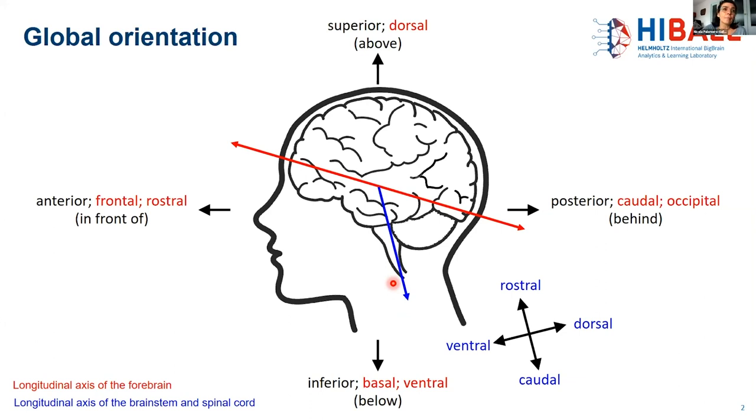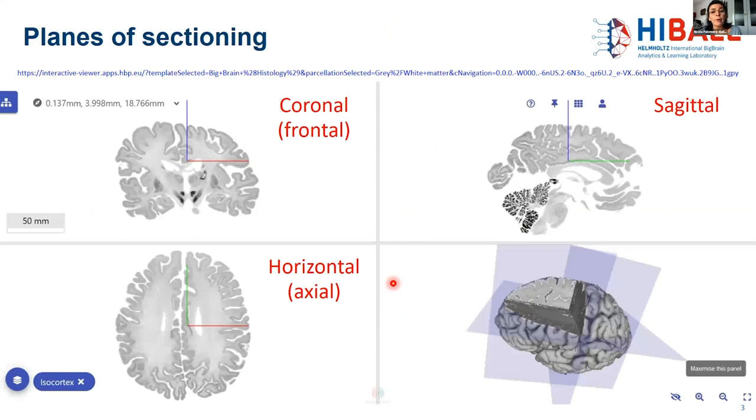Now, BigBrain is a 3D reconstructed volume of histological sections, and sections automatically mean that we have cut the brain. And when you cut the brain, you can do so in different directions or planes of sectioning.